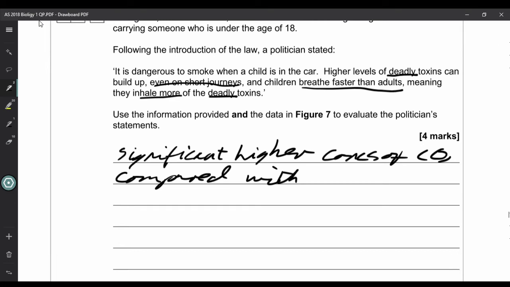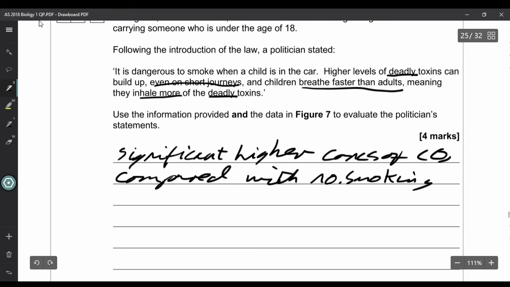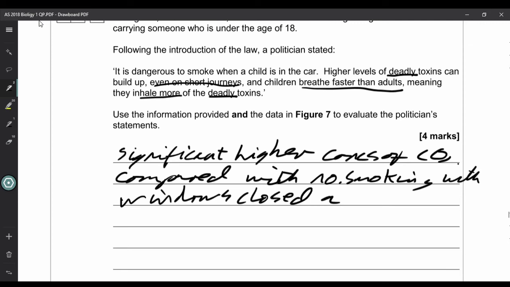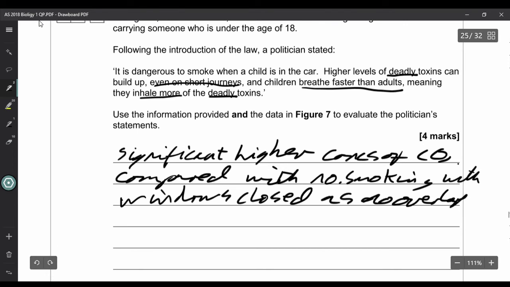So it's a significant higher concentrations of carbon monoxide compared with the no smoking, as there's with the windows closed. And explain why we think it's significant, as there's no overlap in 2SD. Okay.